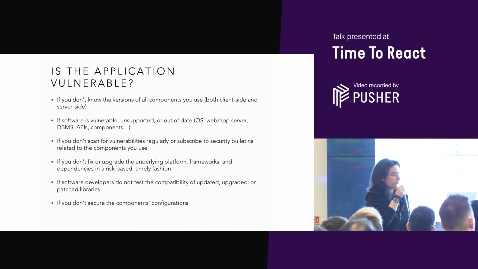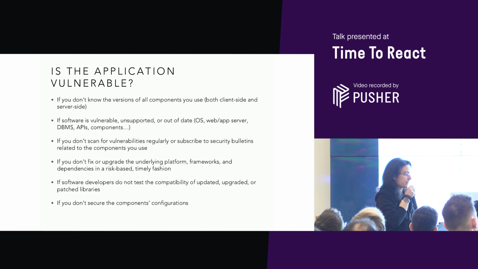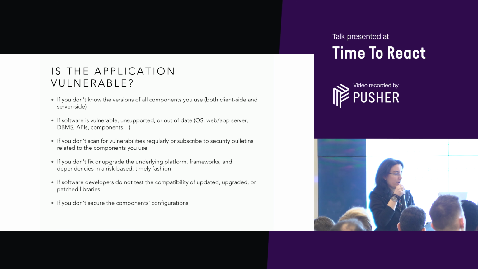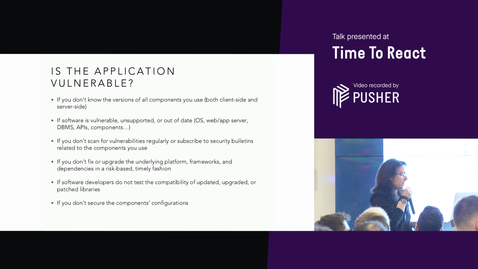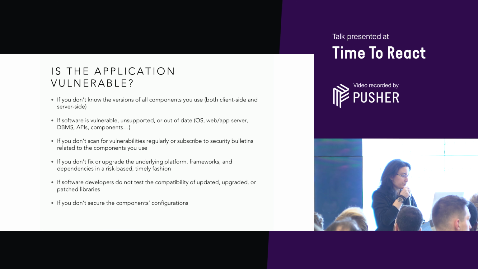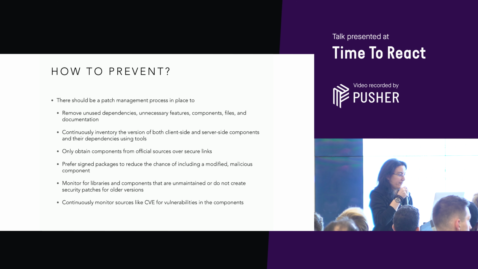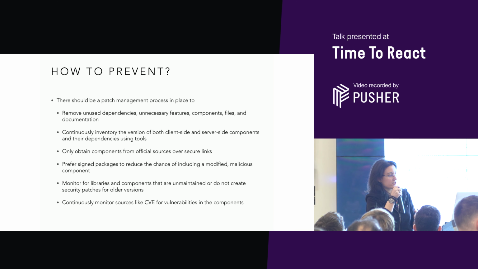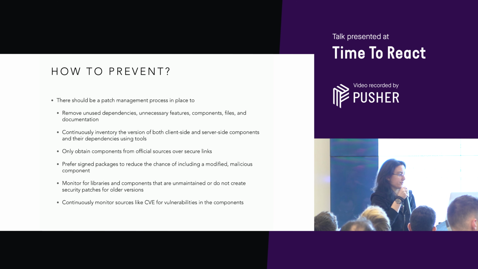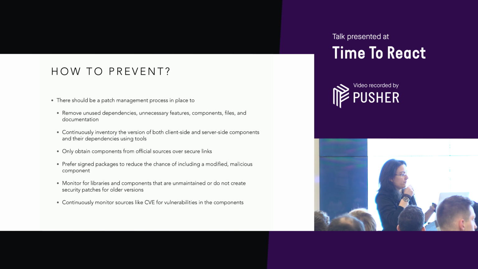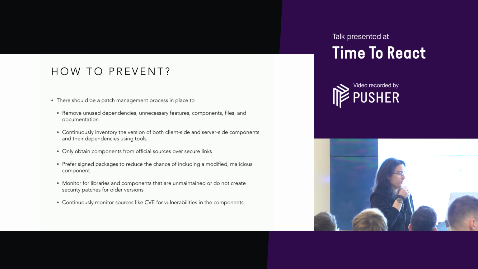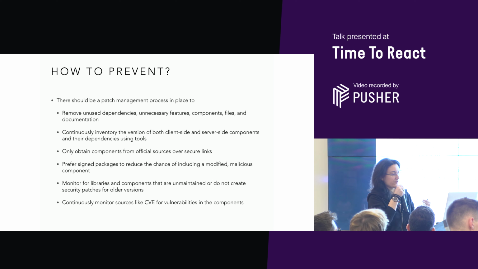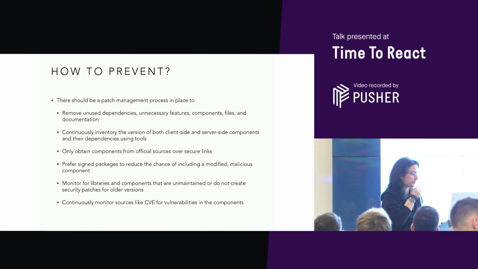If your software is vulnerable, unsupported, or out of date, if you don't scan regularly for vulnerabilities, and I will show you later a couple of tools that can help you scan those vulnerabilities. So how to prevent this? You should have a patch management process in place to remove all those unused dependencies and unnecessary features. It's good to do a little bit of a health check on your application.